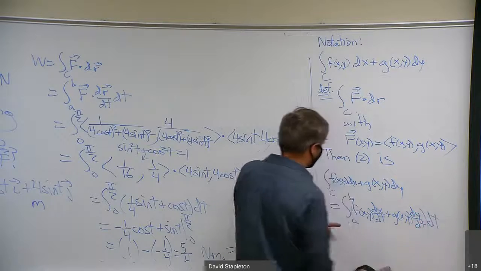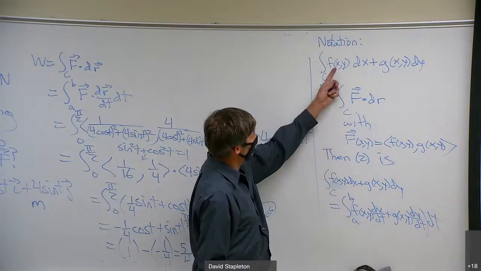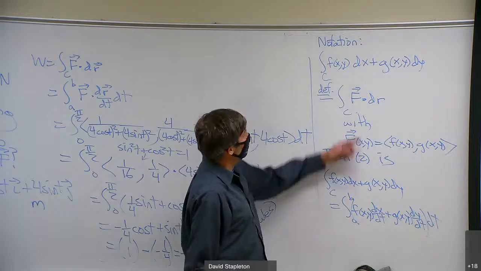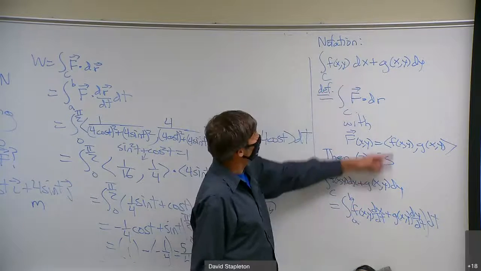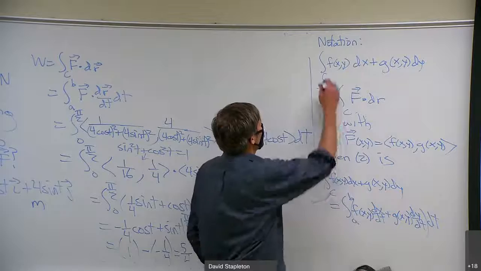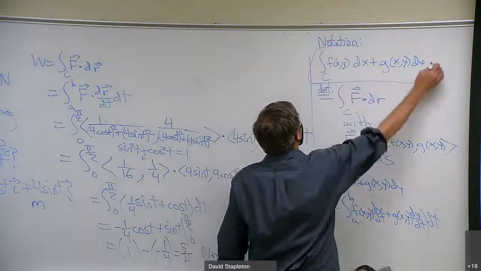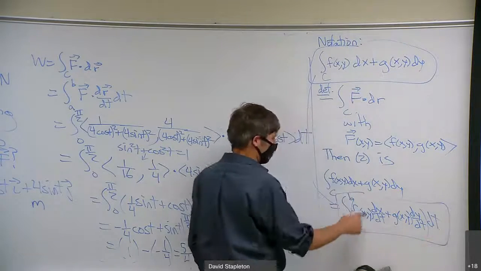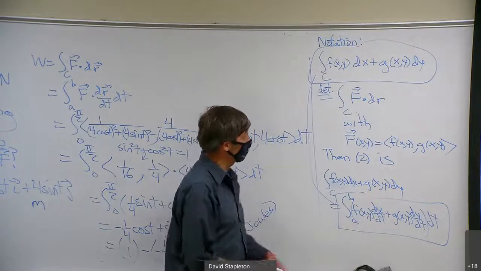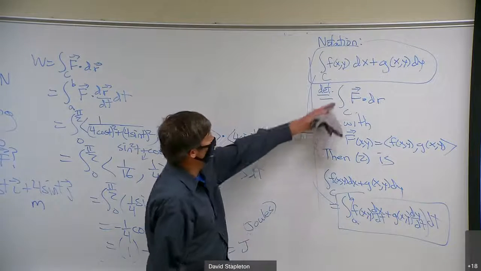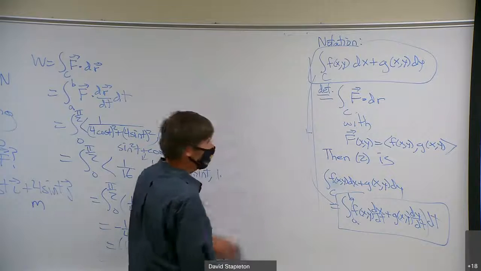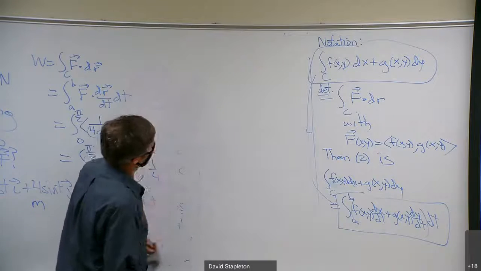This is what equation 2 says if you interpret this line integral like this. You're just thinking of dx as dx/dt dt and dy as dy/dt dt. Just replace dx by dx/dt dt and dy by dy/dt dt. It's just interpreted as a vector line integral. So they ask you to do a few of those problems in this section.